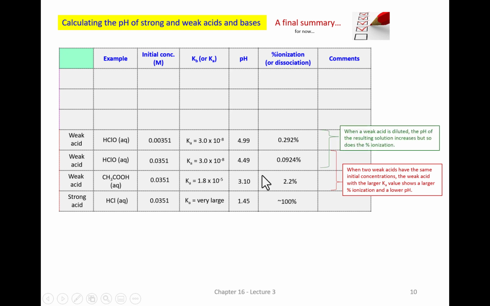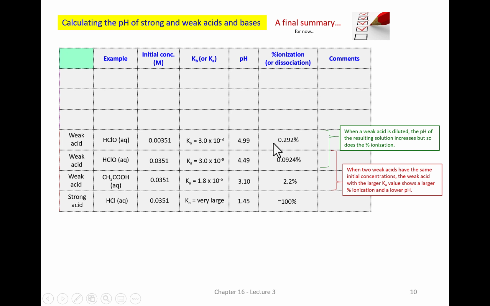So we'll just remind you that when a weak acid is diluted, so if we take hypochlorous acid, 0.0351, that had a pH of 4.49 and a percent ionization of 0.0924, and we dilute it by a factor of 10, the pH goes up, it's less acidic because we diluted it. That makes sense.